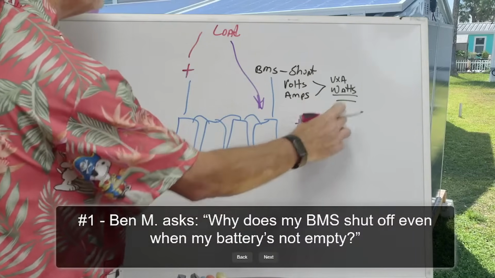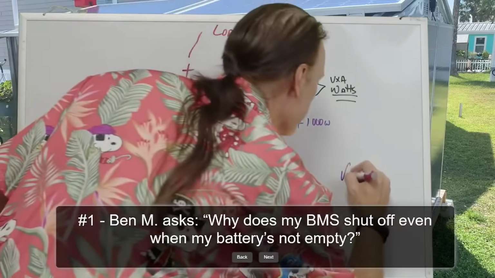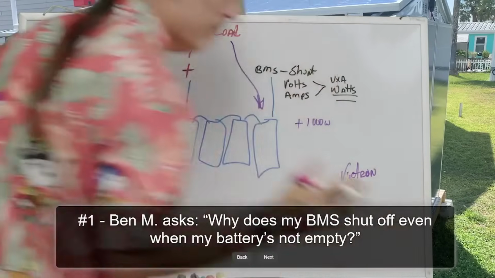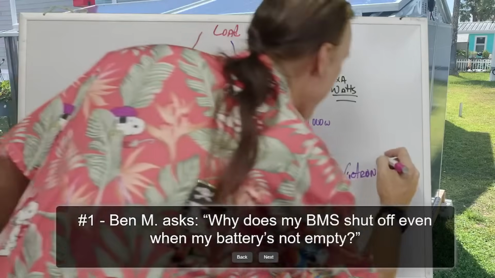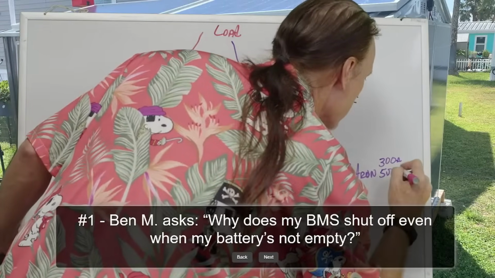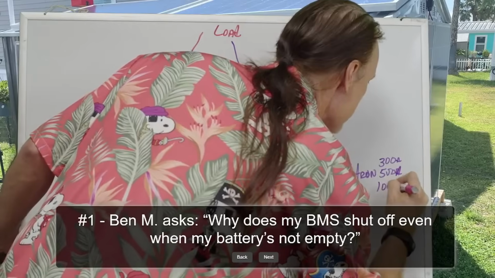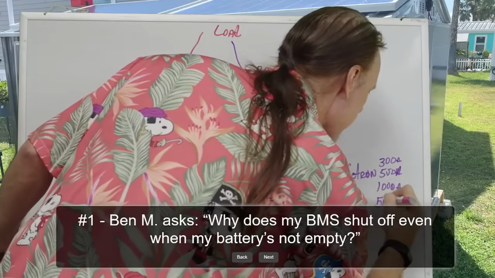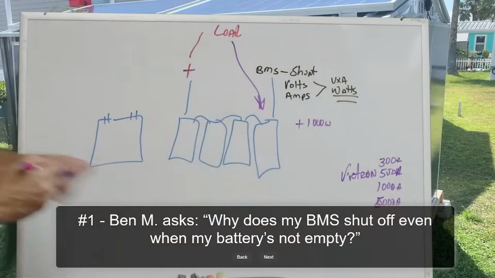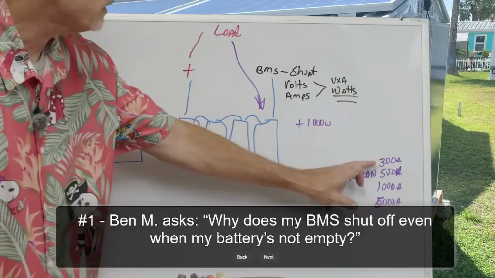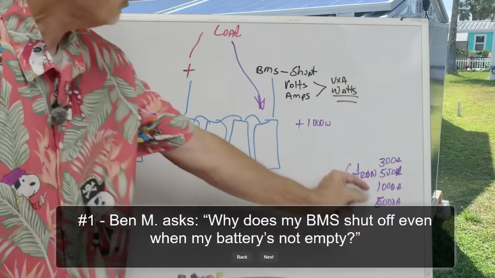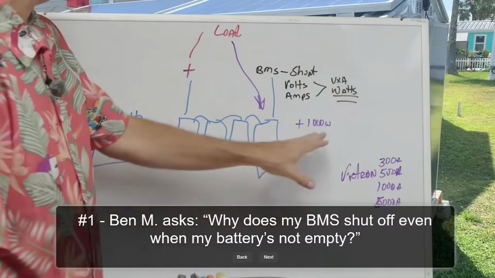So if you're familiar with the Victron shunt, they have multiple different units here. I think they have a 300 amp unit, a 500 amp unit, and a 1,000 amp unit. I think they have a 5,000 amp unit. Maybe it's 6,000. I don't remember. Somewhere in that range. But obviously, the smaller the measurement, the more accurate and precise it can be. The larger the measurement, the less accurate and precise it can be.